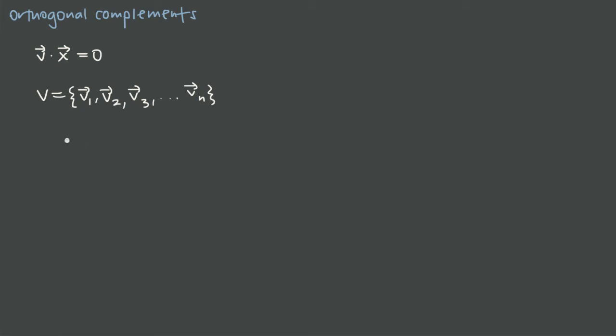And then let's say that we have some other vector set, and we won't say what it's called yet, but it is full of x vectors. So we have x1, x2, x3, and so on, all the way up to some final x vector.